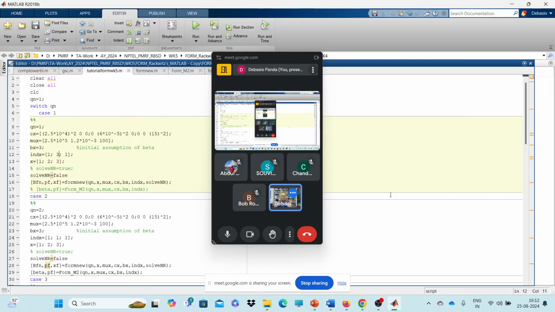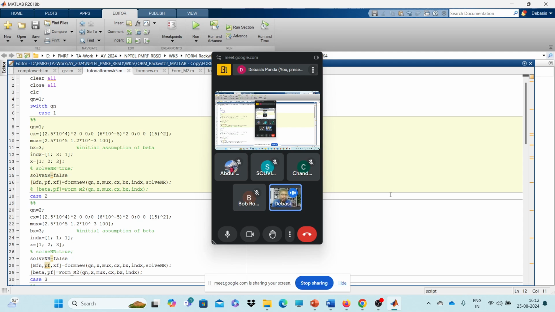So let's make the function file for the Rackwitz-Fiessler algorithm, and we will check the values simultaneously, to see whether we are getting the same values using the Rackwitz and Rackwitz-Fiessler algorithms or not. If you have this function file, you can solve up to the correlated non-normal problem, that means all kinds of problems, using the Rackwitz algorithm.